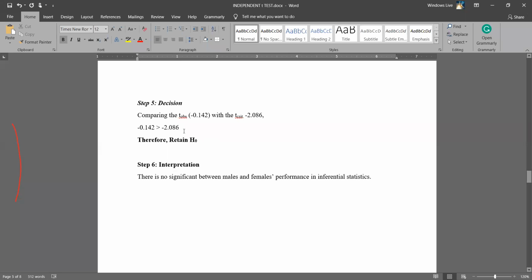So we've made a decision to retain HO. And when you say we are retaining something, it means we are maintaining it.